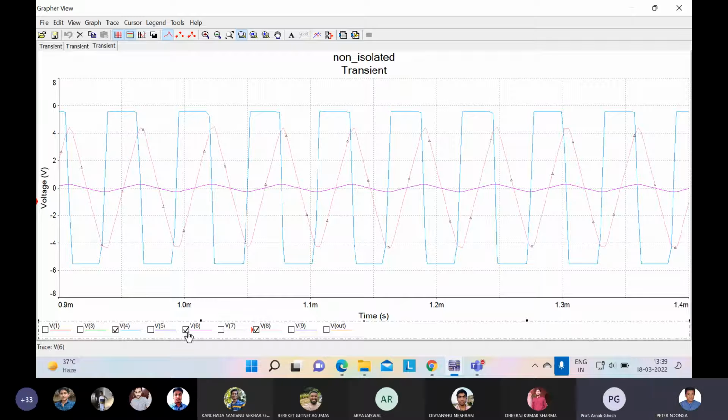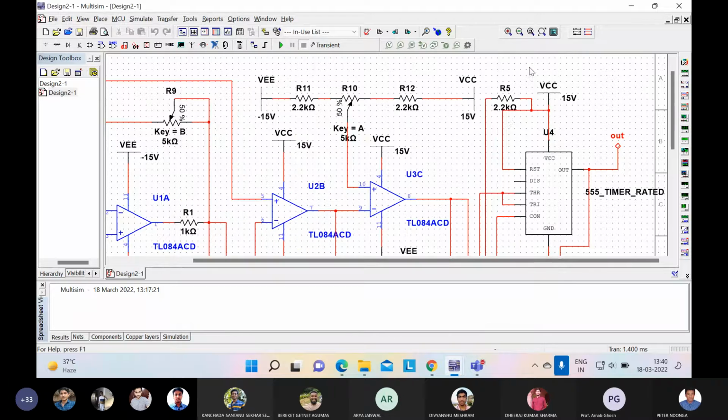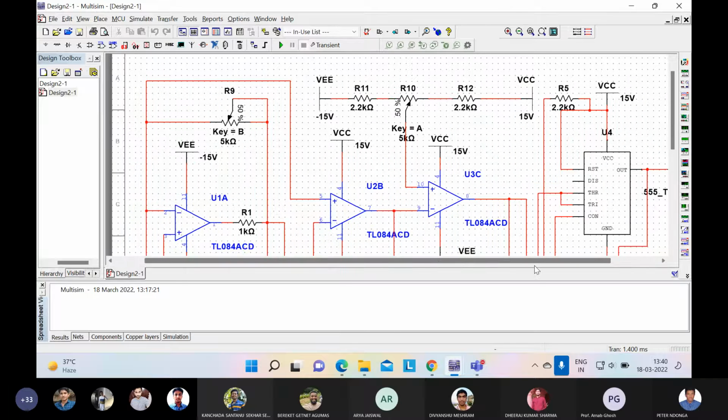Okay, so is this for the isolated one or non-isolated one? Non-isolated one. So show me the simulation for the isolated one. Okay, the triangular one.